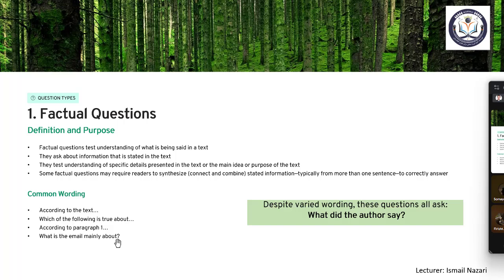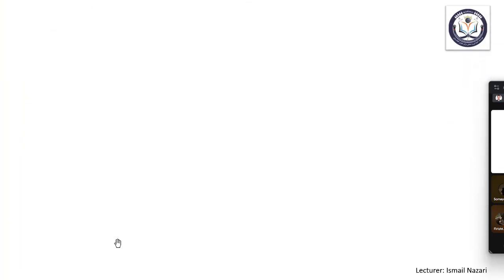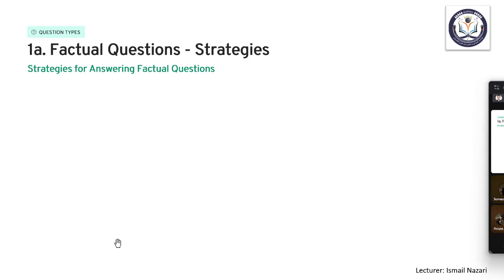We have to check the paraphrase and see what the author said. That's an important note to pay attention to. Now, how do we answer factual information questions? What strategies can we use?